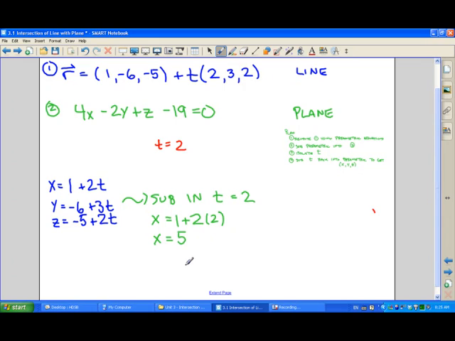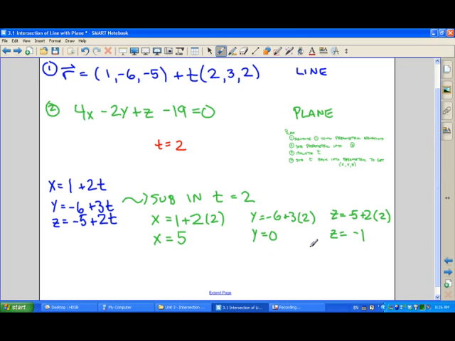So when t equals 2, I get an x-coordinate of 5, a y-coordinate of 0, and a z-coordinate of negative 1.